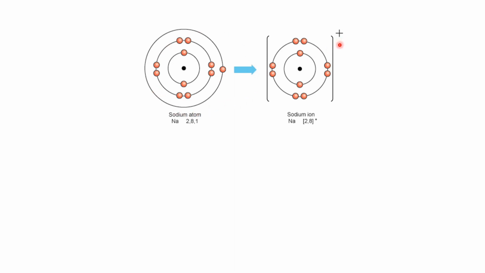Okay, now if one electron has been reduced, it is seen in the electronic configuration, and this sodium atom is now converted into a sodium ion, where the electronic configuration is now changed to 2, 8, where one electron is not present in the sodium ion and it is not mentioned in the electronic configuration.